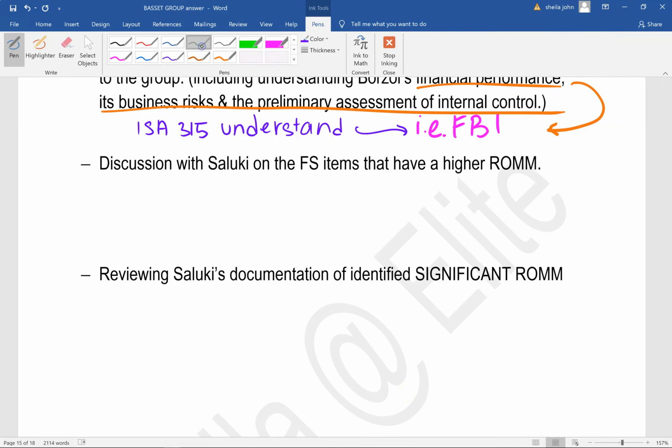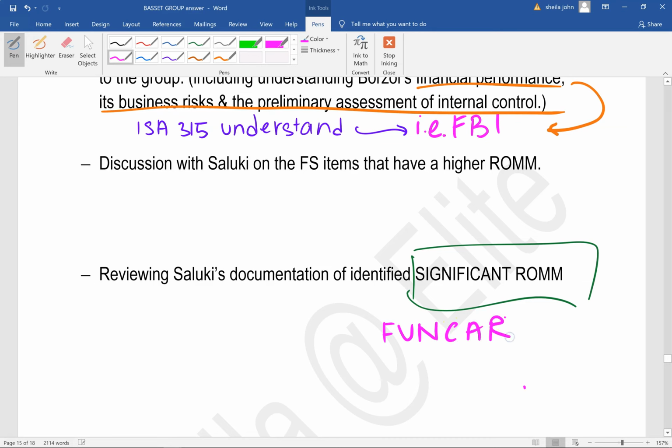So when you're talking about significant risk here, we're actually talking about the areas of fund cover. Remember we started off this question, we talked about DADS, D-A-D-S, and the S is the area of significant risk. So they would have to actually show you the documentation on how they decided that.